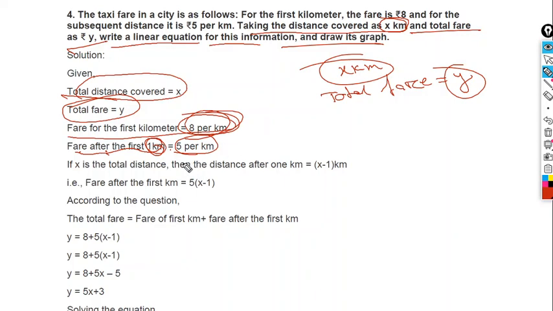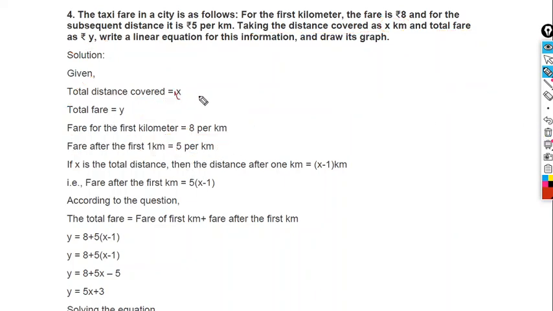So if x is the total distance covered, x kilometers, then for the first kilometer you have to pay ₹8. Then the distance after 1 kilometer: total distance is x.